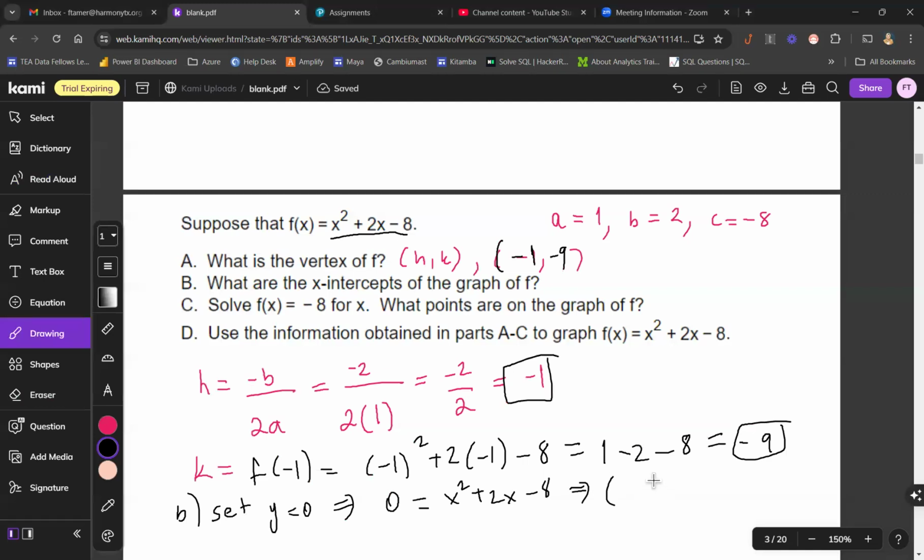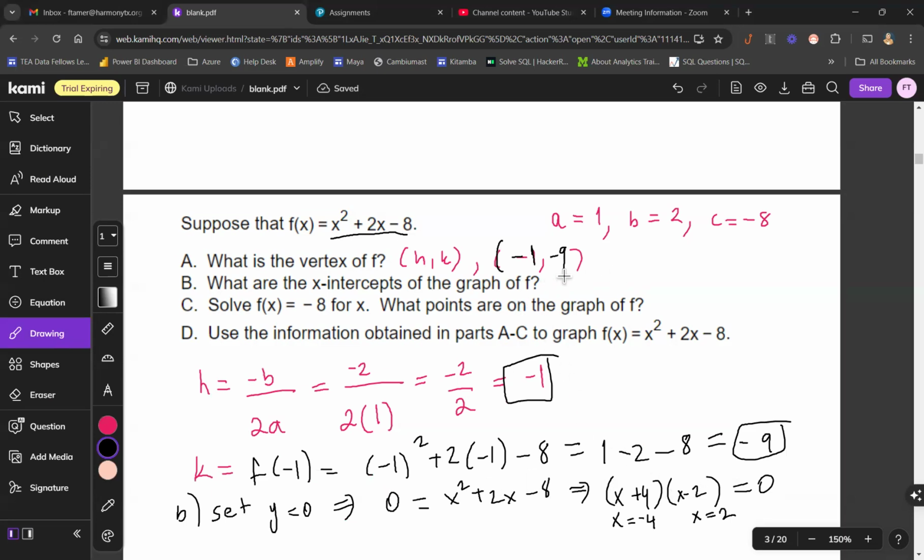Because this is an easy trinomial, my factors are x plus 4 and x minus 2, because when I multiply these two numbers, their product is -8, and when I add them up, their sum is 2. Then when I set each factor to 0, this gives me x equals -4, and when I set x minus 2 to be 0, I will get x equals 2.